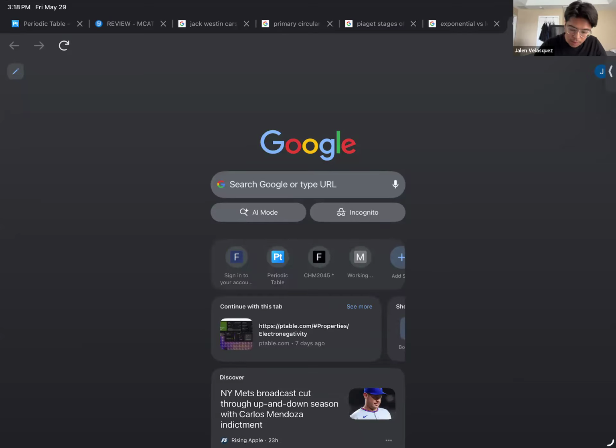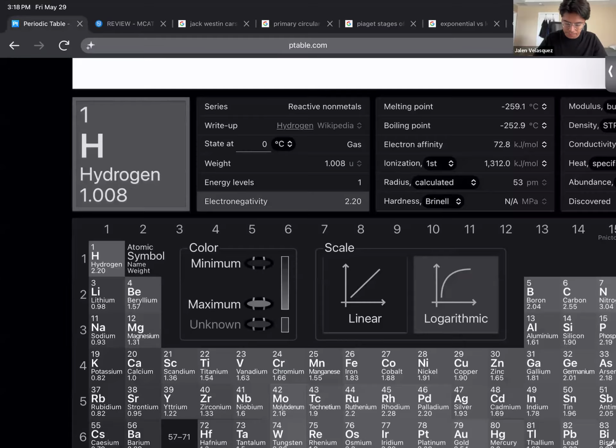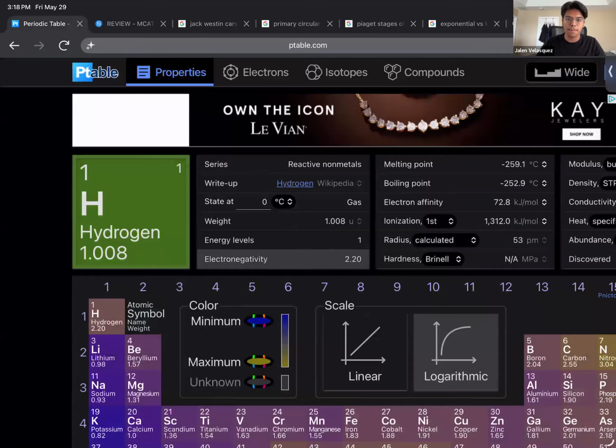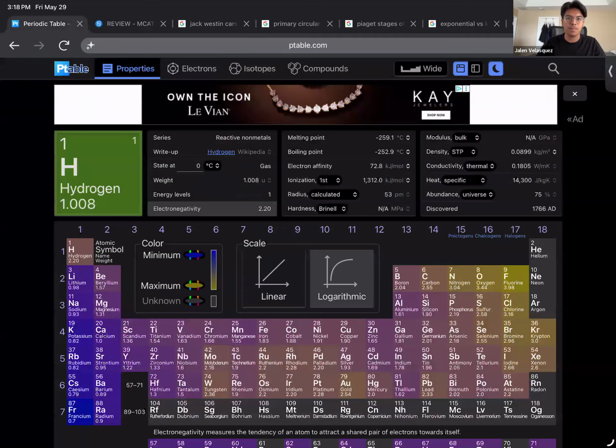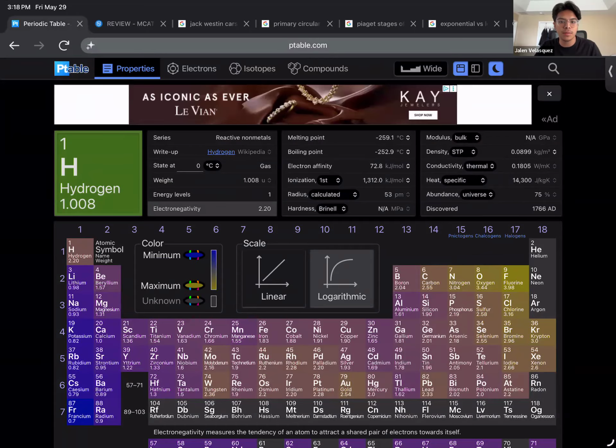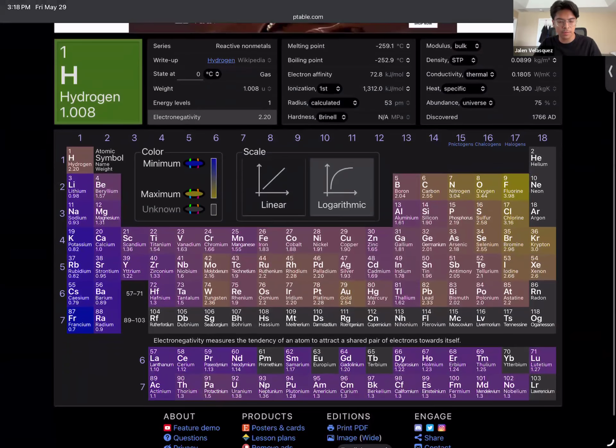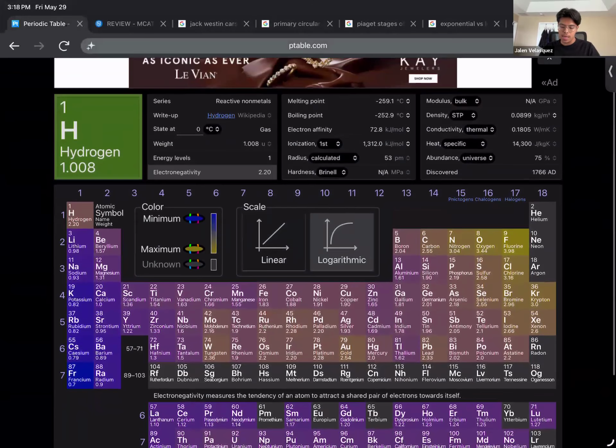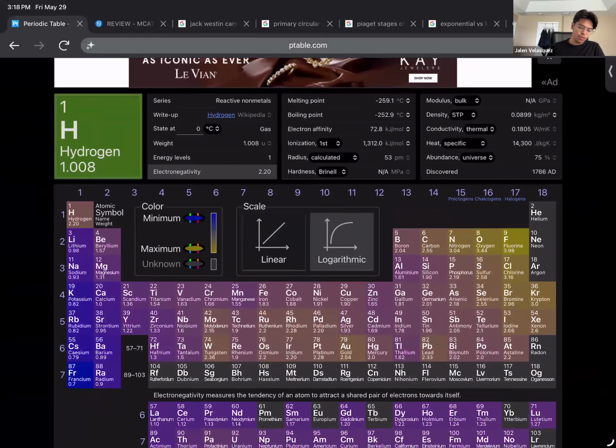So, where's my thing here? So this is a website I use all the time. It's called P Table, and it's like an interactive periodic table. It's pretty cool. So we were looking for what is not an alkaline earth metal, right?